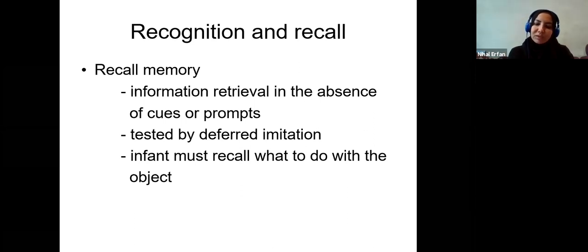But if they see you do it a few times, then later on, when it's in their environment, they will reenact, they will repeat because they have learned. So this confirms that there is such a thing as recall. They do remember something that they have seen before.